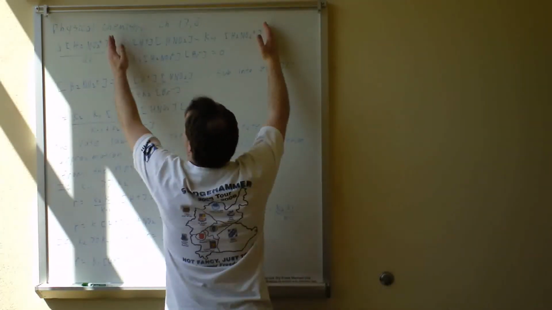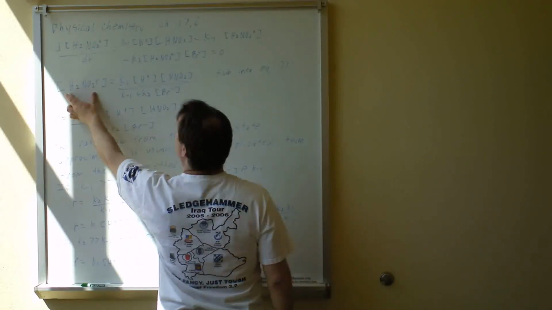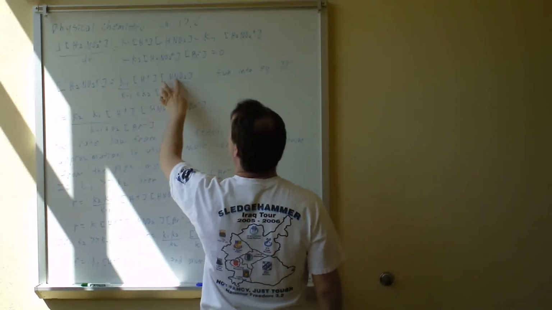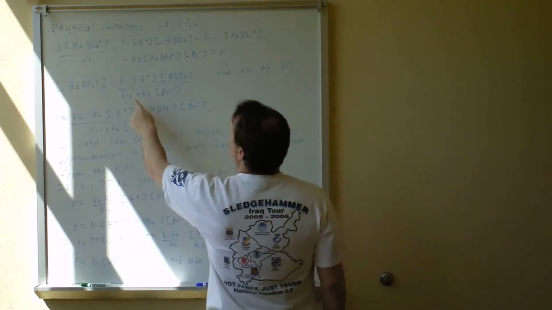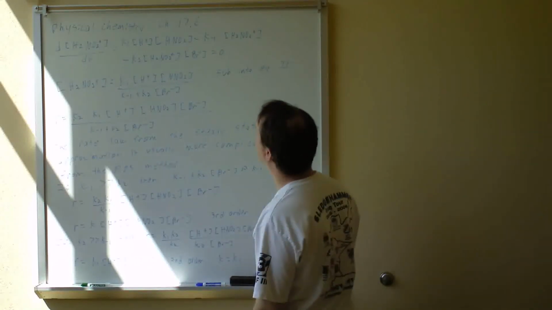Then solving for the concentration of our intermediate, we get the concentration of H2NO2+ is equal to k1 times H+ times HNO2 divided by k minus 1 plus k2 times Br minus.